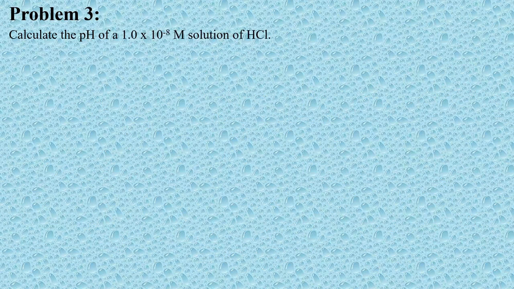Now, in problem number 3, this is our last problem on pH. Calculate the pH of a 1 into 10 to the power minus 8 molar solution of HCl. Our general tendency for calculating pH is to use the formula pH is equal to minus log H plus concentration.